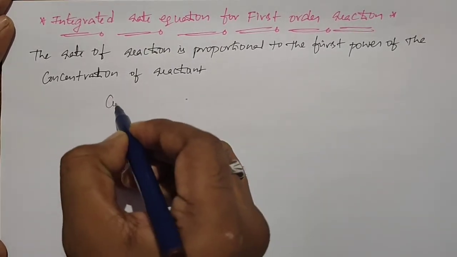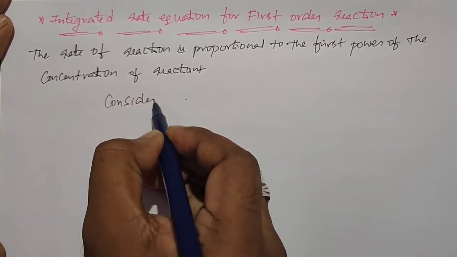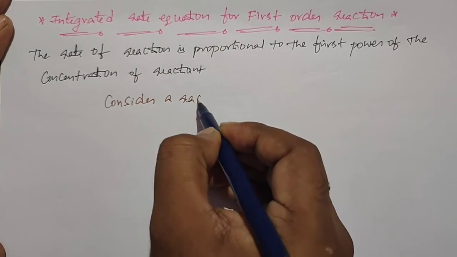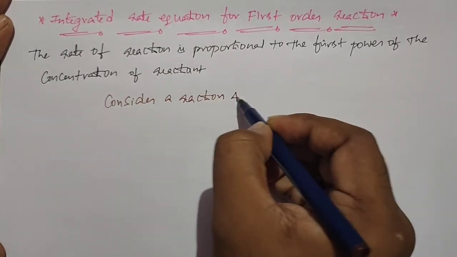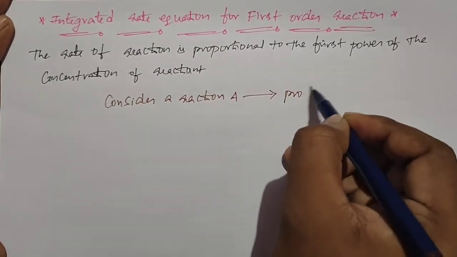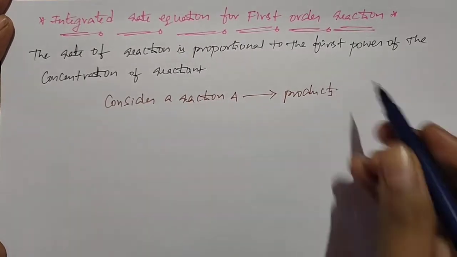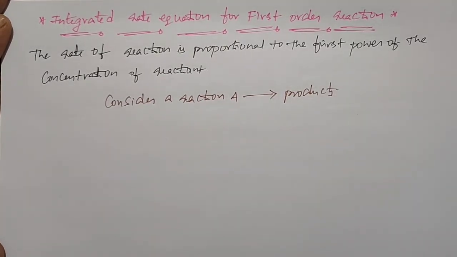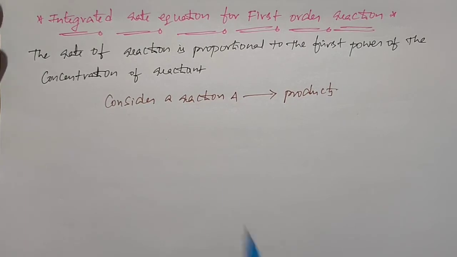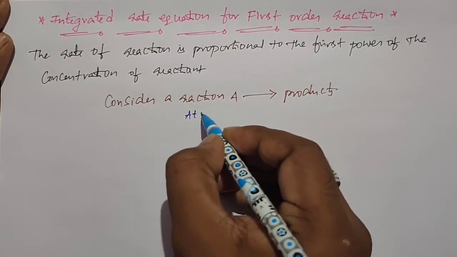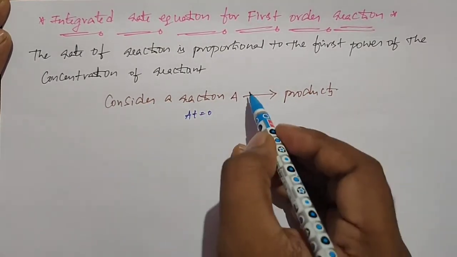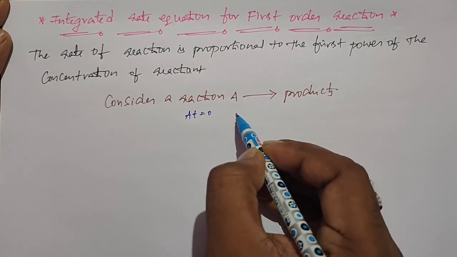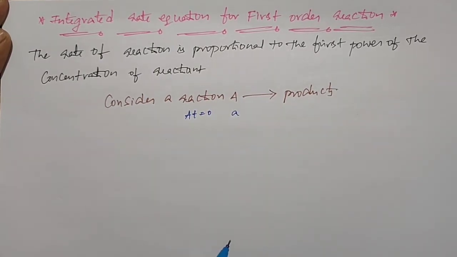So consider a reaction that is A gives rise to products. Here I just take two time intervals. At time t is equal to 0, the concentration of A is taken as a moles per liter.